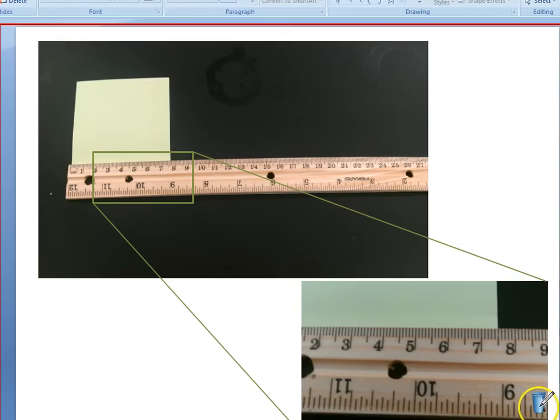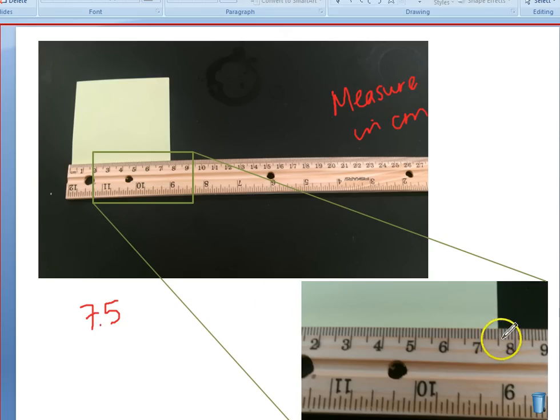Here I've got a centimeter ruler. So here I'm going to measure this in centimeters. Okay, if I look up here at this big picture, I can see I have 1, 2, 3, 4, all the way up to 7 centimeters, but not quite 8. On the zoomed in portion, I can see better that this yellow piece of paper comes right up to the 0.5 line.